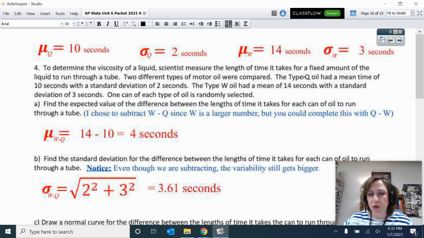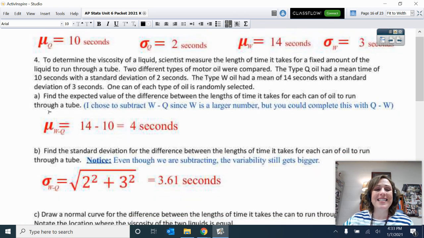Motor type Q. So here I summed it up: Q's average and Q's standard deviation. W's average is 14 seconds and standard deviation of 3 seconds. Okay, so find the expected value for the difference between those lengths. Now, you have an option.